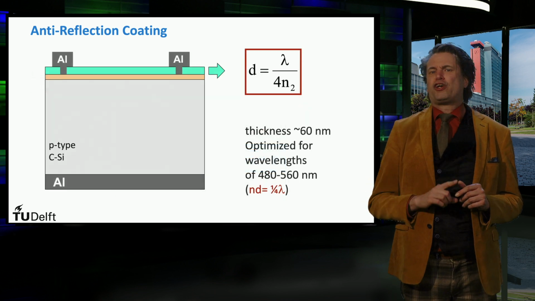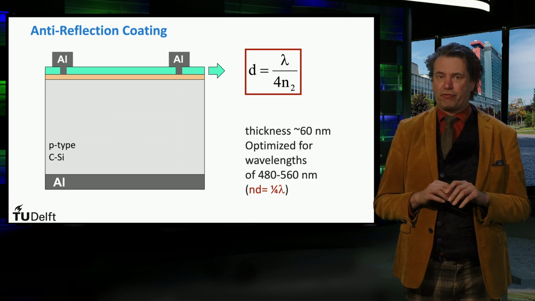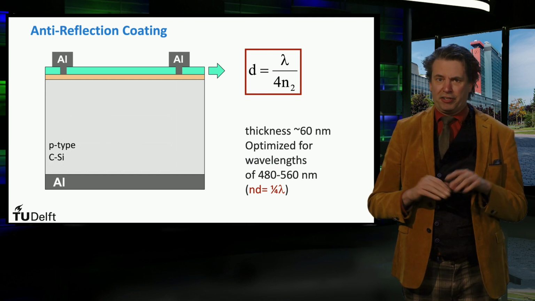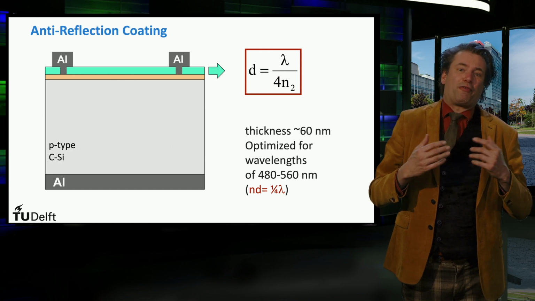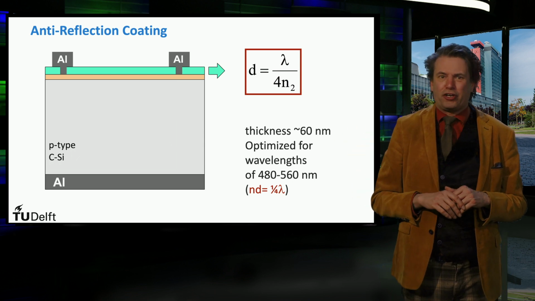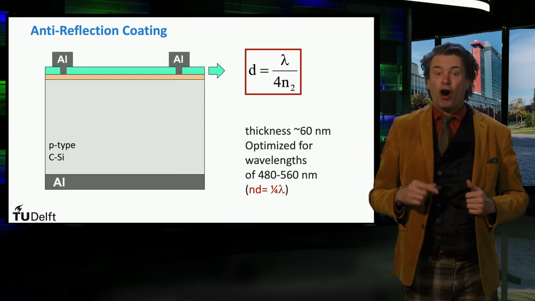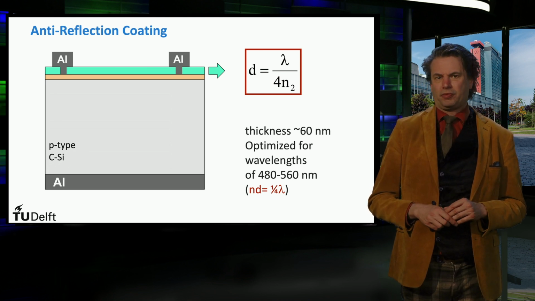The thickness of such a layer should be the wavelength divided by 4 times the refractive index. If we take a refractive index of 2.1, we arrive for light of 500 nanometers at an optical thickness of 60 nanometers for an anti-reflection coating based on destructive interference.